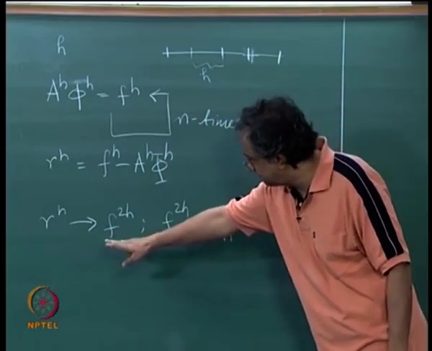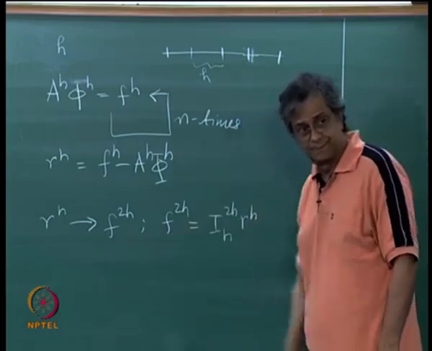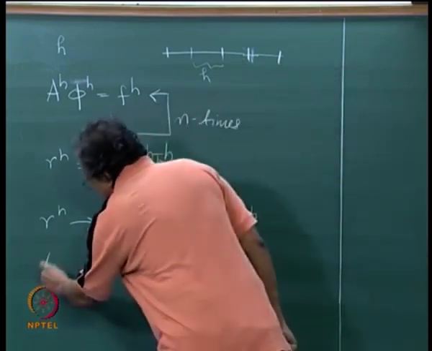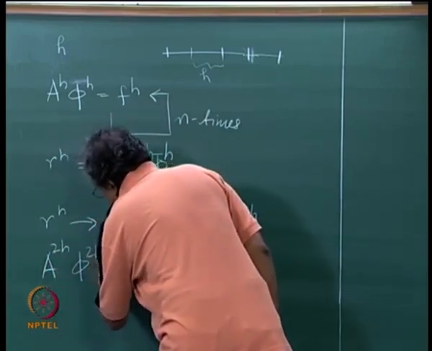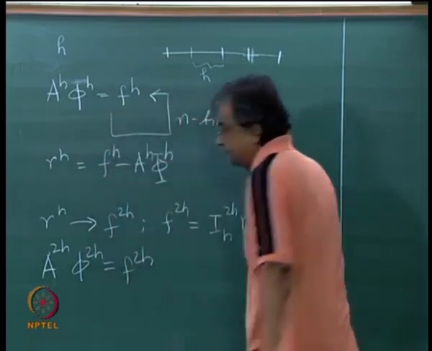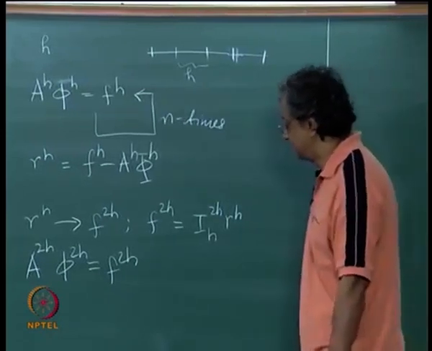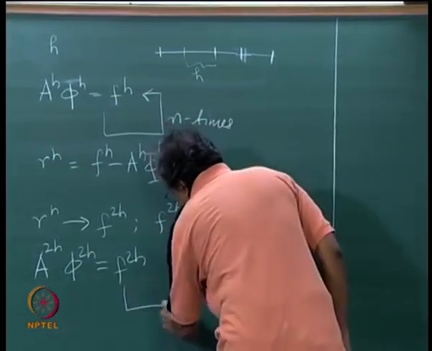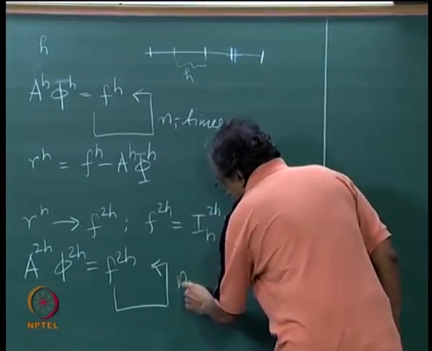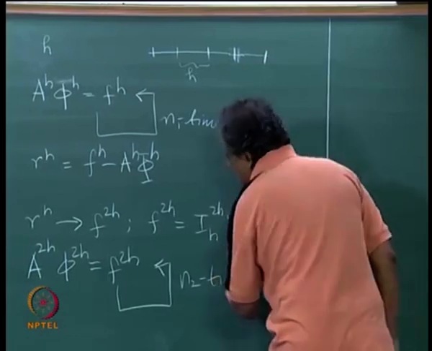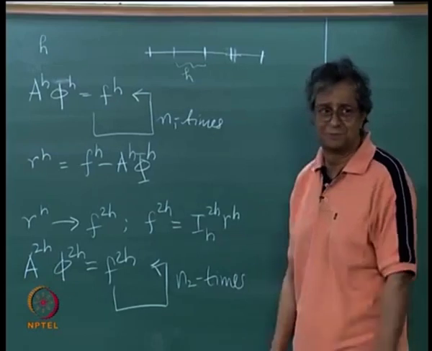So you transfer from R_H to F_2H on the grid whose size is 2H, you then either solve or iterate a few times or take time steps as appropriate, and do this. If this was N1 times, this could be N2 times. They could be the same, they could be different. If you have some magical reason for making them different, it is up to you.